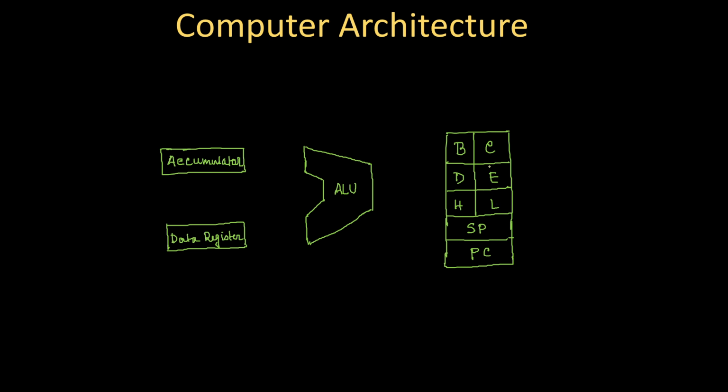Now, you may ask why I have given the register names something like this. Actually, to show you the basic architecture of a computer, I have taken an example of the 8085 version microprocessor.